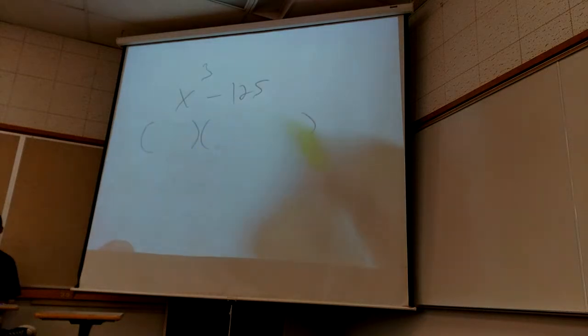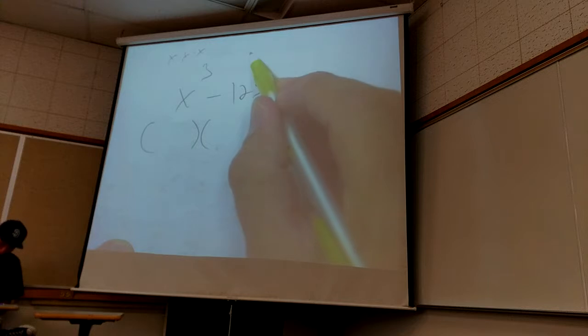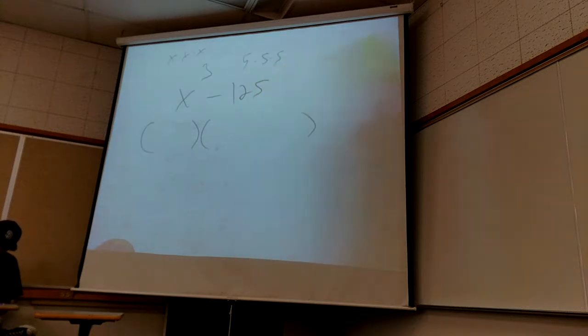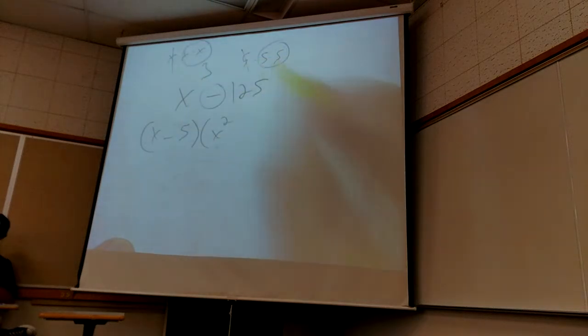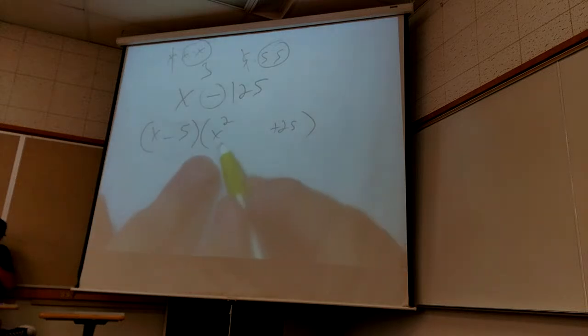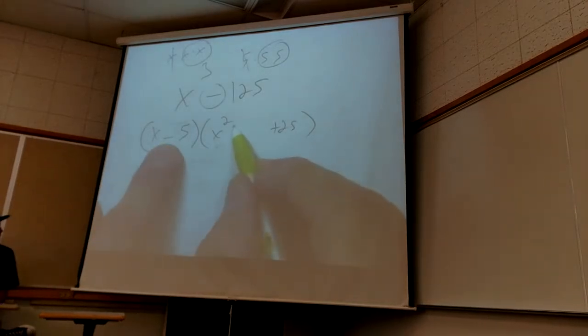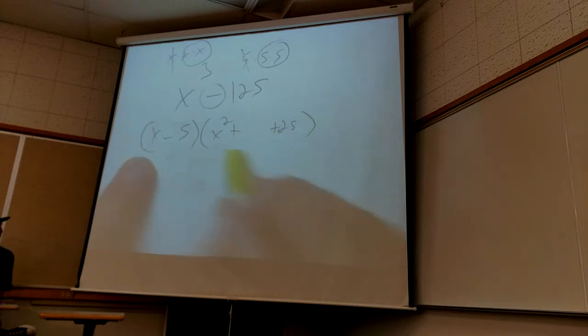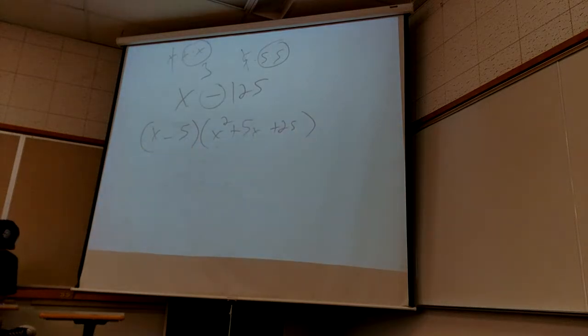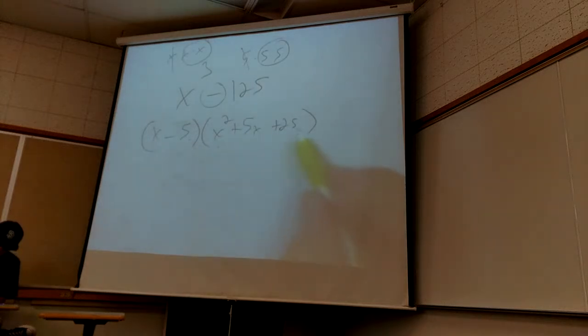Little dude, big dude, because it's a cube. x, and what's 125? 5, 5, 5. 1 x minus 1 5. The other 2 x's, the other 2 5s. What sign is the middle term going to be? Plus, so you can clean up the stuff. And then what's going to be the middle term? 5x. So 1 of each, 2 of each product in the middle.